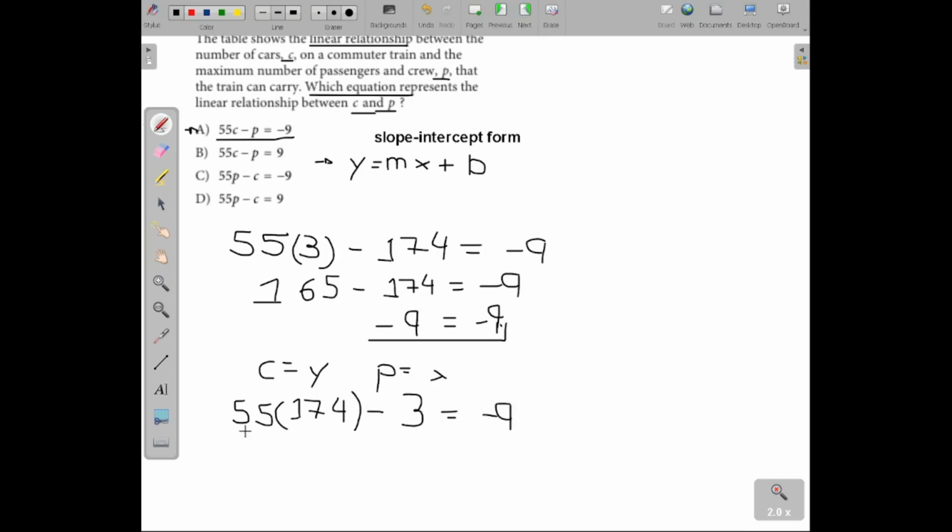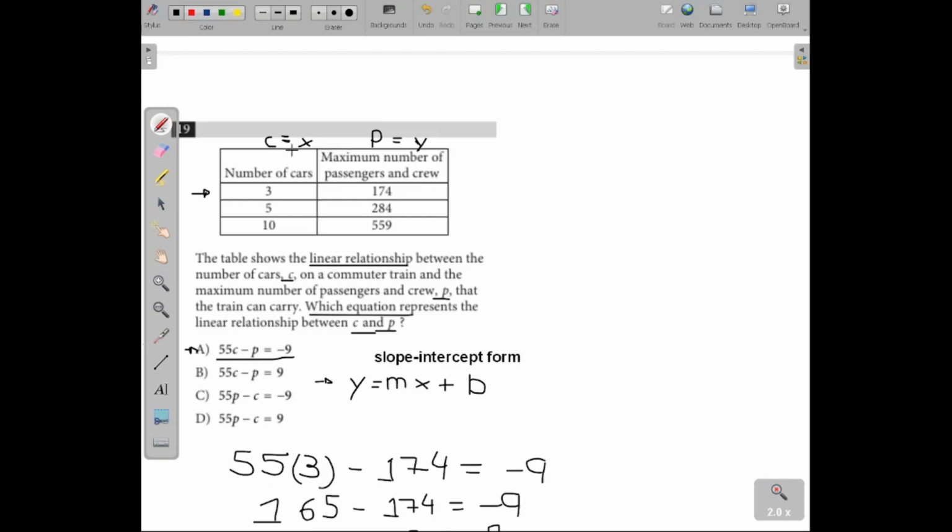So just looking at this, we know that it won't be consistent, because 55 times 174 is 9,570, minus 3 is not equal to negative 9. No, that won't happen. So this is the right way. C is equal to X.